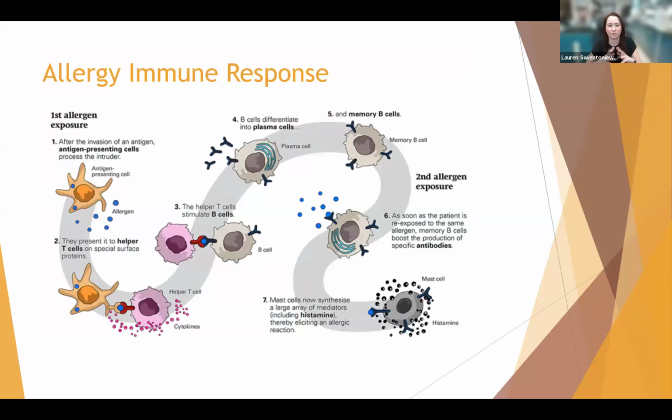In general, I'll go through this really quick. When you are first exposed to an allergen, it is exposed to your antigen-presenting cells. They present it to your helper T cells, which stimulate the production of your B cells. When you're in your second exposure to the allergen, your body has now developed a way to bind to the allergen that you were exposed to and initiate an allergic response.